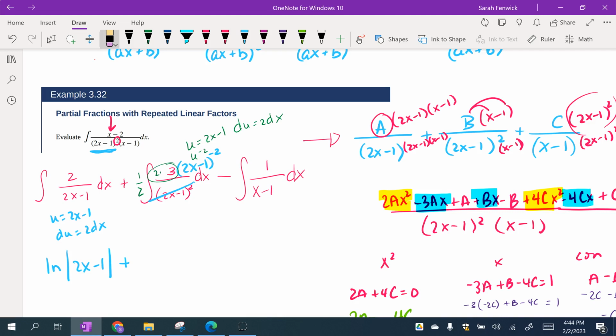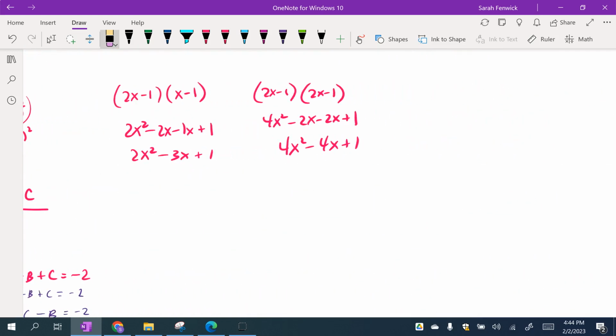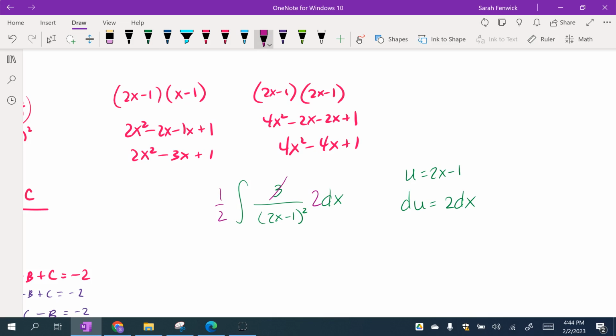So let's move over and look at just this one piece. We have the integral of 3 over 2x minus 1 squared dx. If we said that u was 2x minus 1 and du was 2 dx, that means that I need a 2 with that and a 1/2 out here, and that this 3 isn't doing me any good at all.